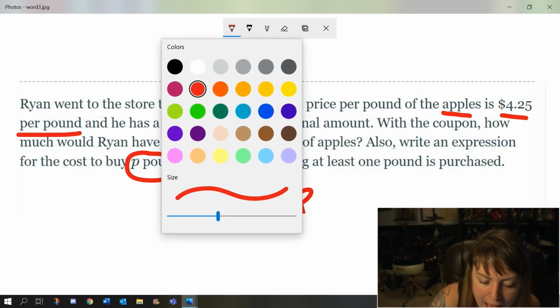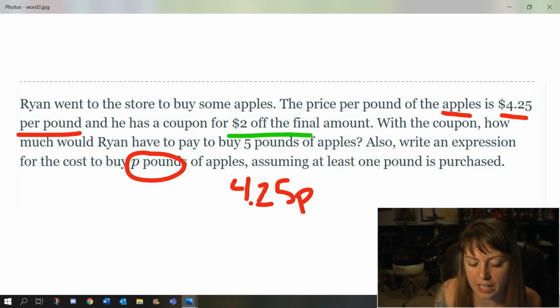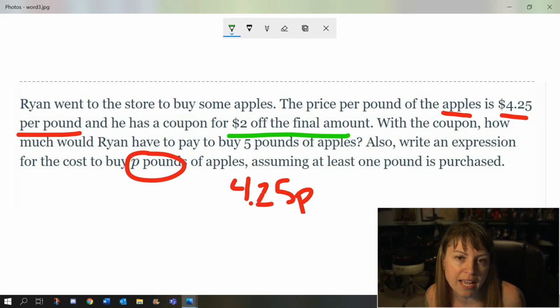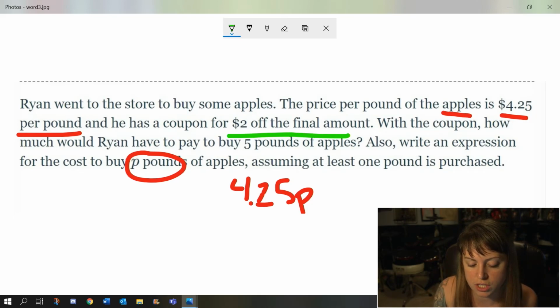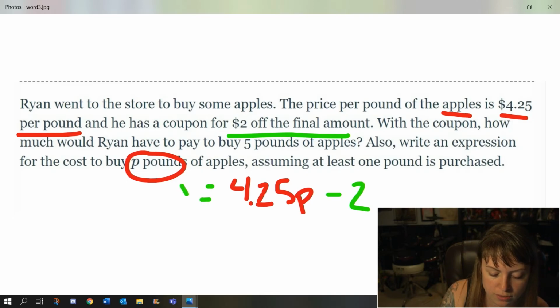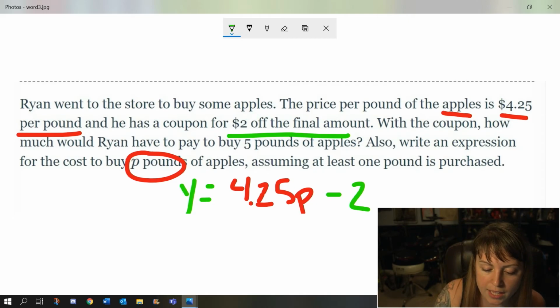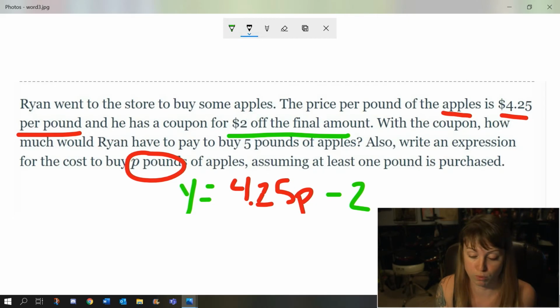But I have a coupon. It's $2 off the final amount. So it's not like per pound, it's just straight up however much this cost minus $2. There's our equation. So $4.25 per pound, take away the $2 for your final amount. And so that would be our expression.